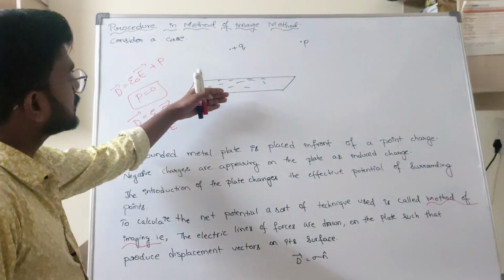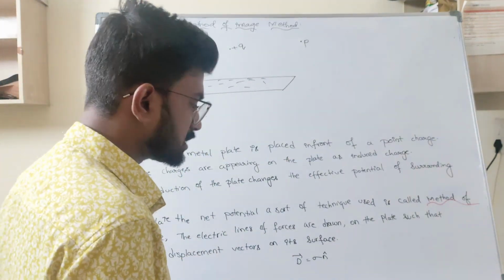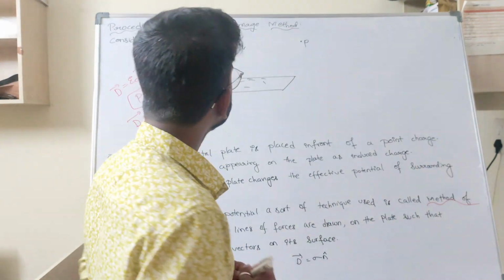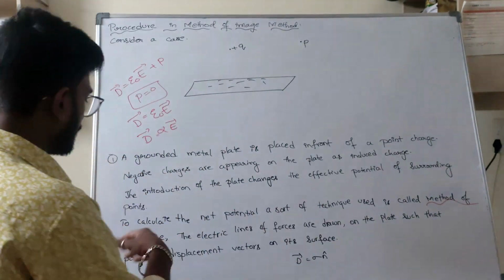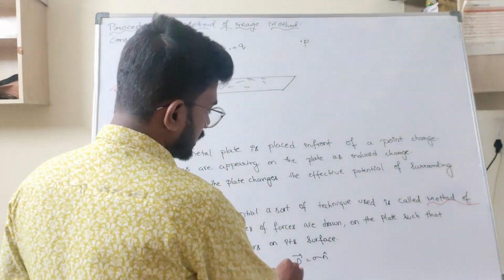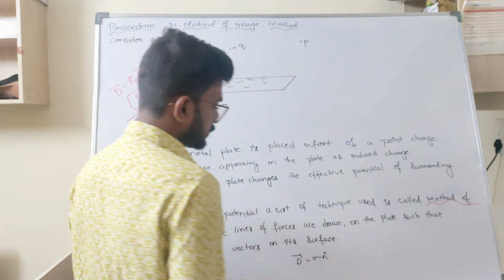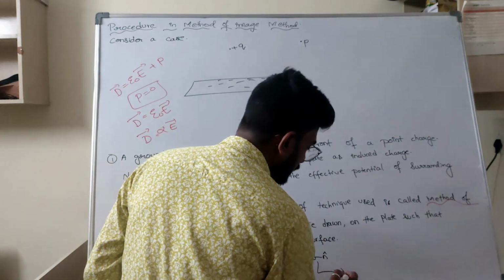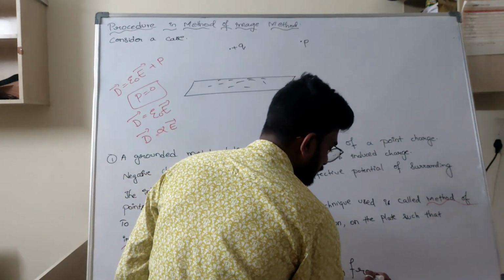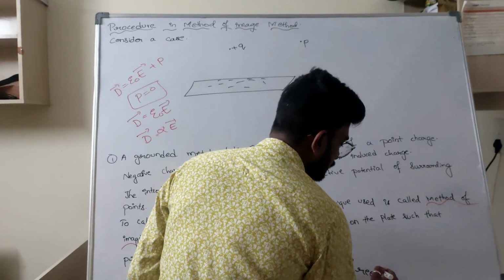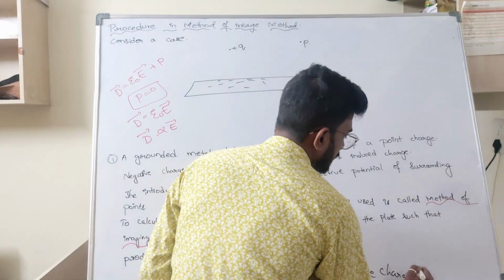So due to this negative charge also, there is a creation of another charge. Let us move on to the next step then. So here D bar is equal to sigma n cap. This sigma is known as free charge density. Correct?